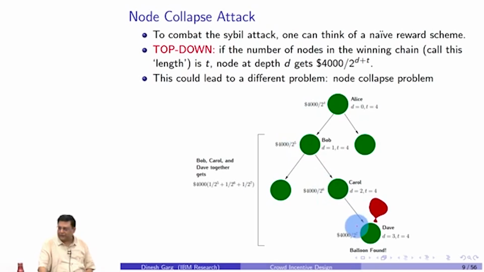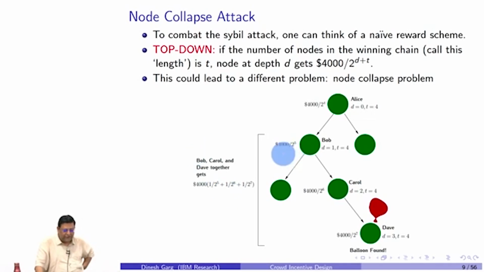This is how it is decreasing, right? Now, what is the reward of Bob, Carol and Dave together currently? It is 4000 times 1 over 2 to the power 5 plus 1 over 2 to the power 6 plus 1 over 2 to the power 7. Am I right? This is the total sum of their rewards together, correct?